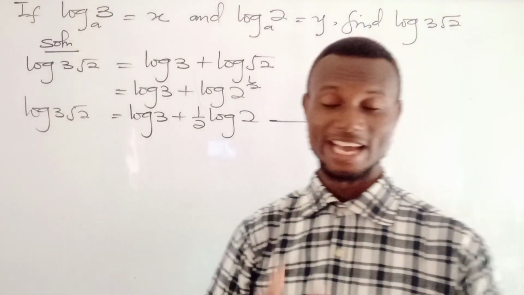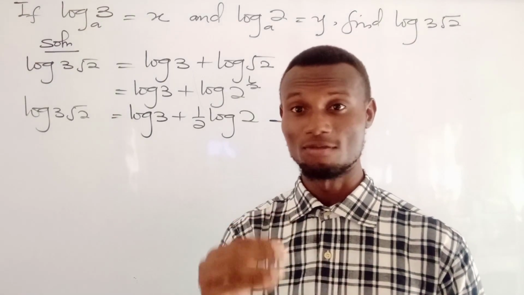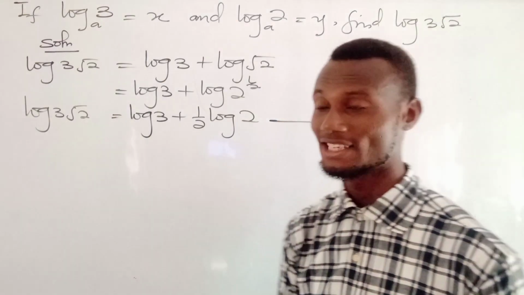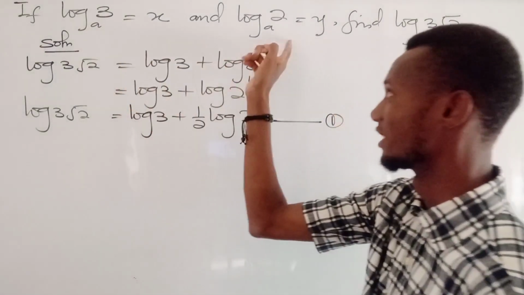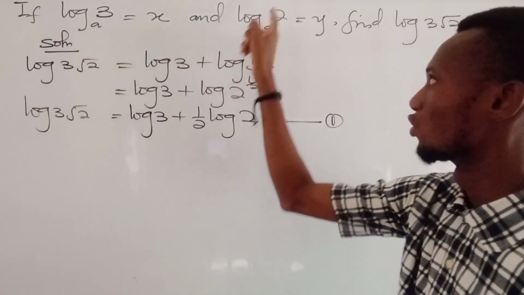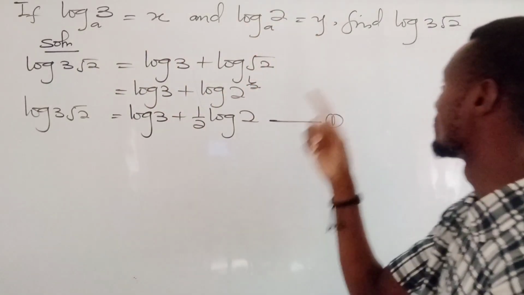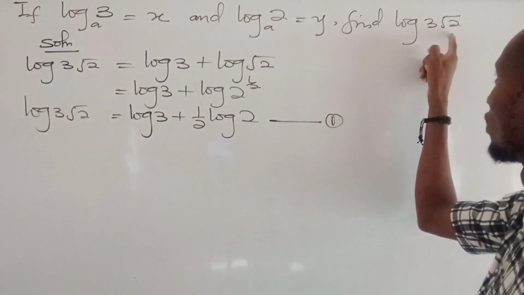I hope the explanation is clear enough up to this point. I'm going to go over one more time. Given the two equations, log 3 to the base a equals s and log 2 to the base a equals y, we are being asked to find the value of log 3 root 2.